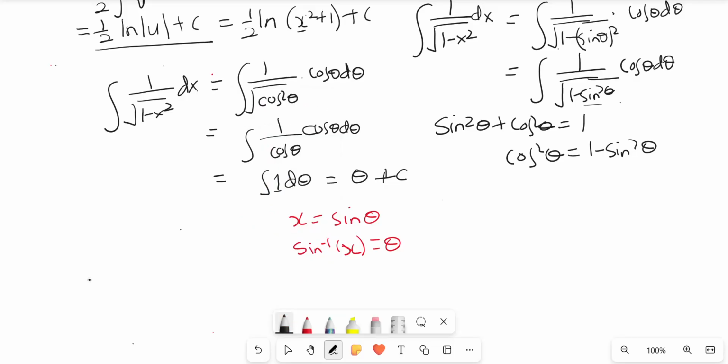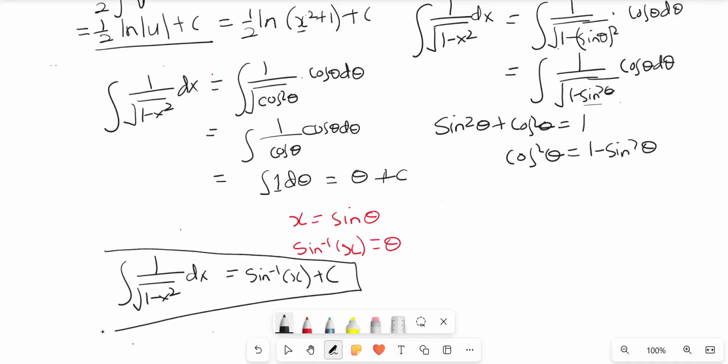Now let's wrap it up here. The integral of 1 all over the square root of 1 minus x squared dx is equal to sine inverse of x plus c, or the arcsine of x plus c. That is the value of this integral.